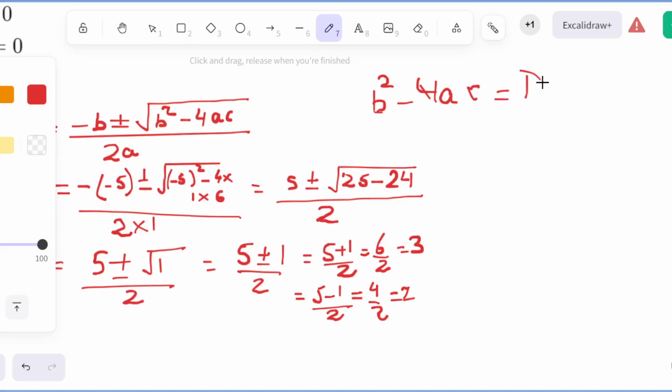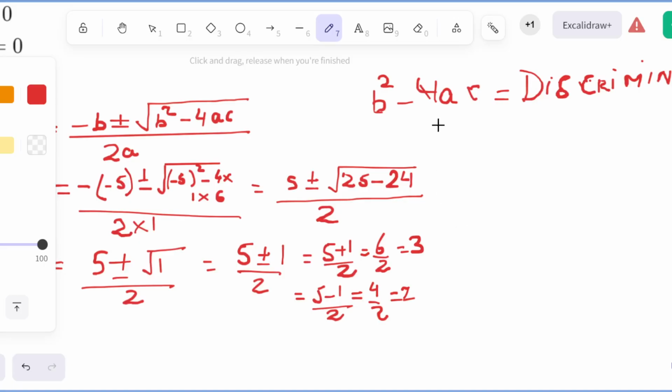This word you should know. You can write it down. Discriminant. This is known as a discriminant.